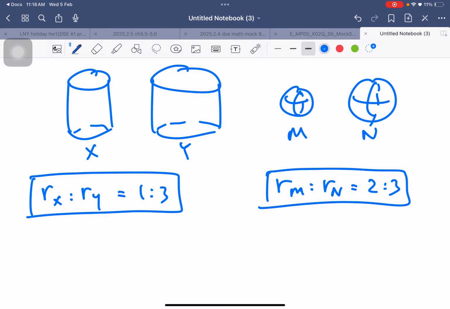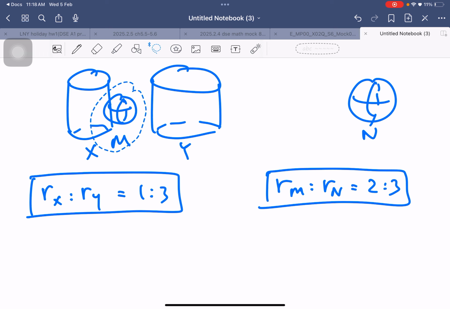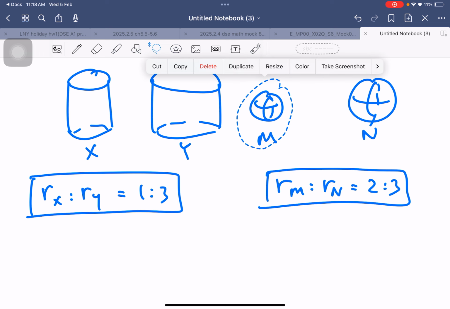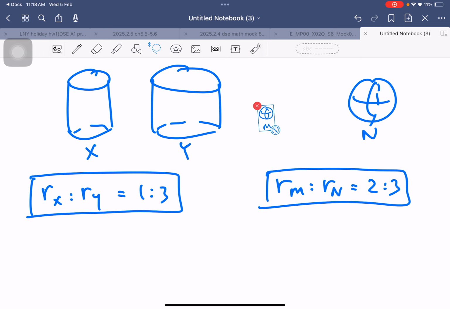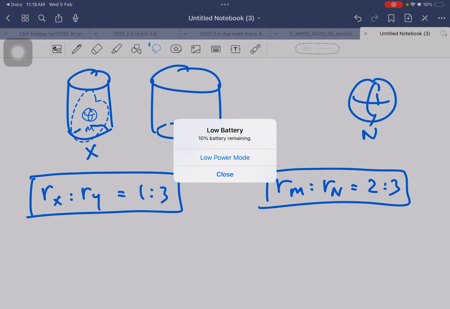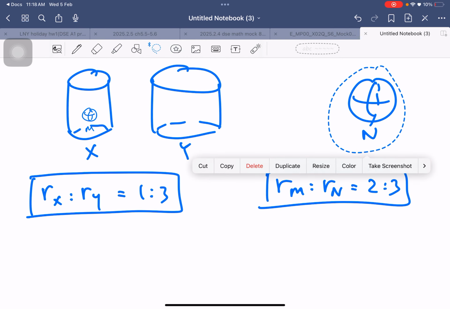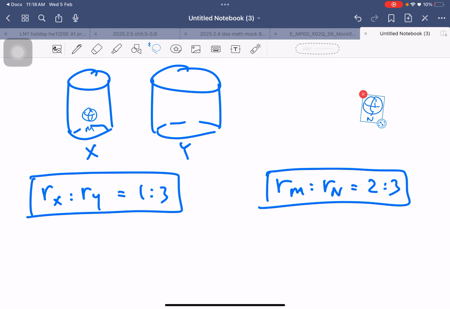So originally the M is inside the X, and the N is inside the Y. I can put it in here, okay?